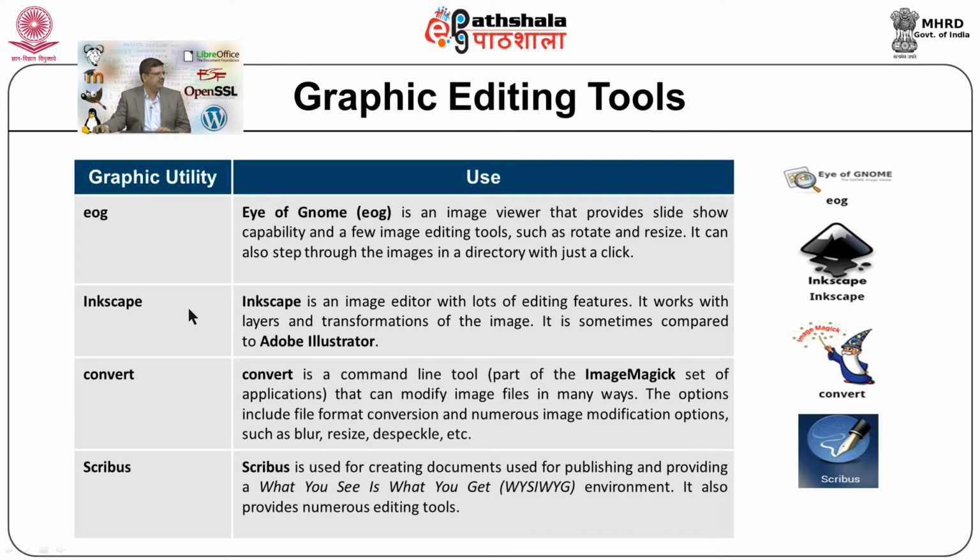There is Inkscape, again a very popular tool which can be used instead of Adobe Illustrator. There is the Convert tool and there is Scribus. Scribus is kind of a what-you-see-is-what-you-get environment. So, you can use either tool, you can master a single tool and you can do a lot of graphic editing with these tools.